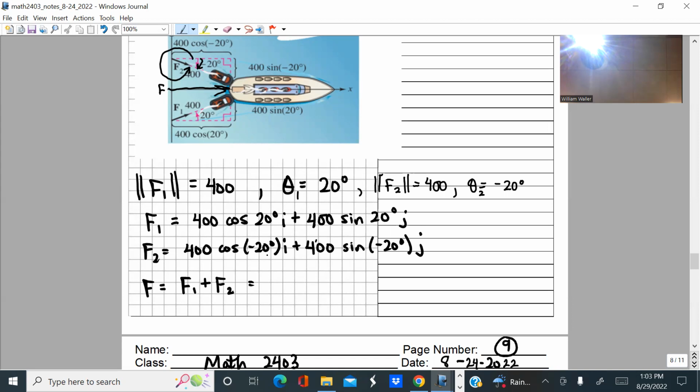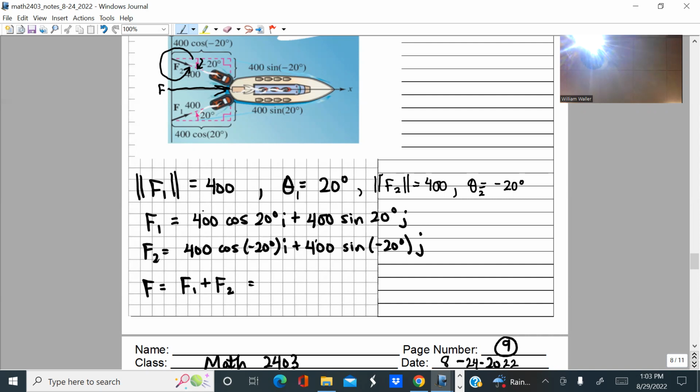This angle is in the first quadrant, and the corresponding angle is in the fourth quadrant. Cosine is positive in both, because cosine goes with the x-axis, and the x-axis is positive in the first and fourth quadrants. So these two cosines are really the same, even though one is 20 degrees and the other is minus 20 degrees.